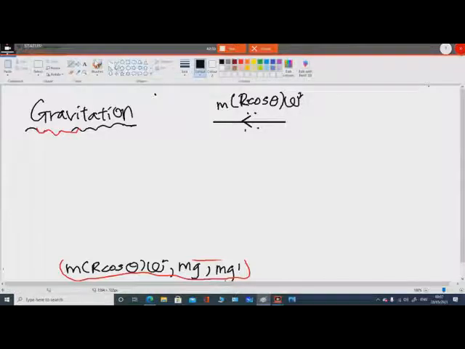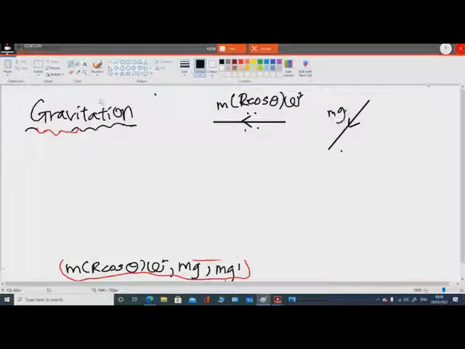Another one is the true gravitational force acting on the object, which is mg.